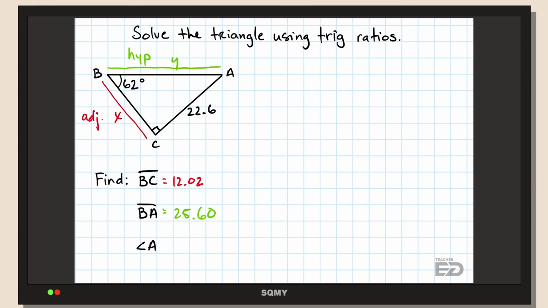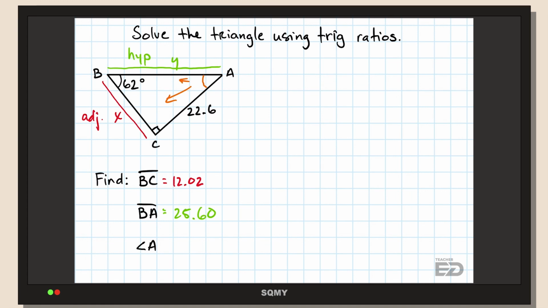So last, we're going to find angle A. We could just do 180 degrees minus 62 degrees minus 90 degrees because we know the interior angles are equal to 180, but again, we want to use trig ratios. To find angle A, we know all of our sides now, so we could really use any of our trig ratios. So let's use the two sides that we just found from angle A, our opposite and hypotenuse.